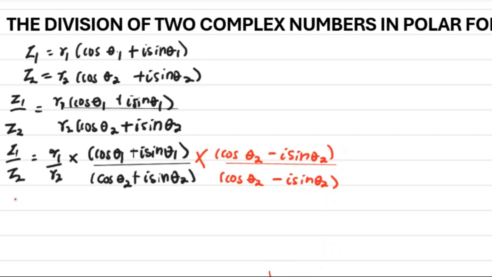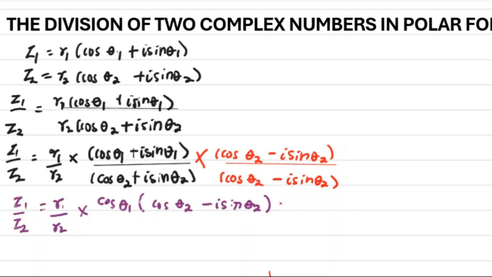Now, from here, our Z1 over Z2 is now going to give us R1 over R2 multiplied by, now we open the brackets. I'll use cos theta 1 to multiply first. So we have cos theta 1 into cos theta 2 minus I sine theta 2, plus I sine theta 1 into cos theta 2 minus I sine theta 2.